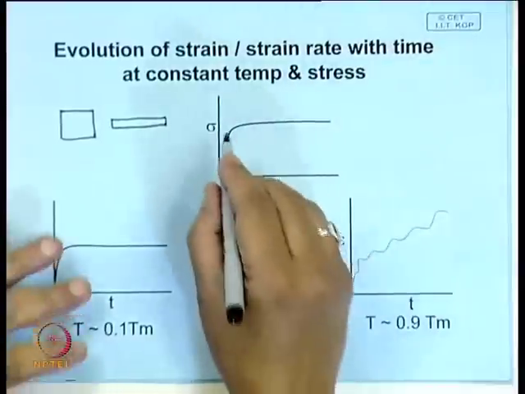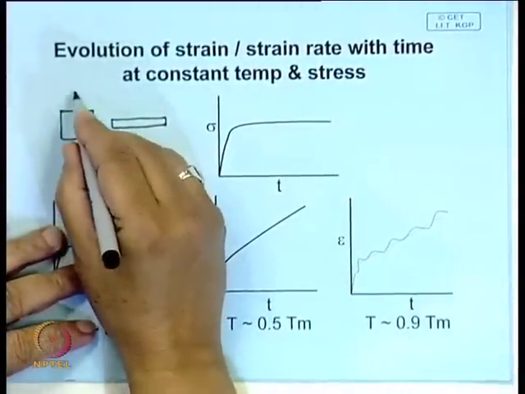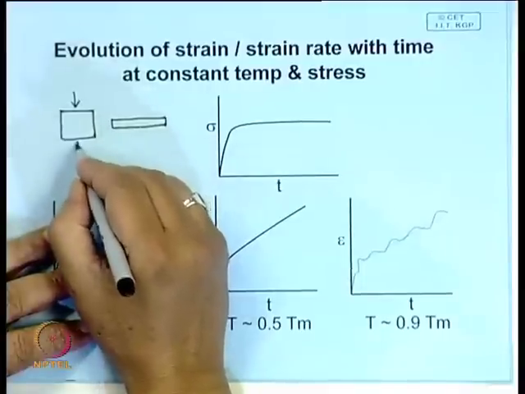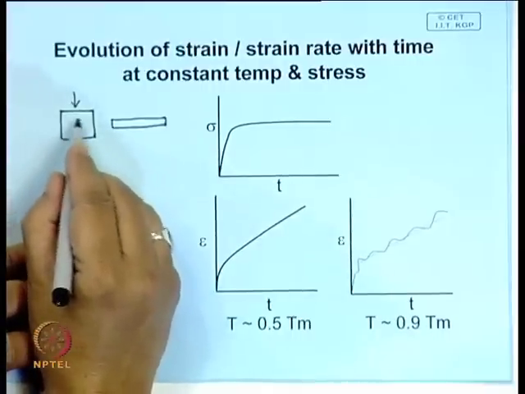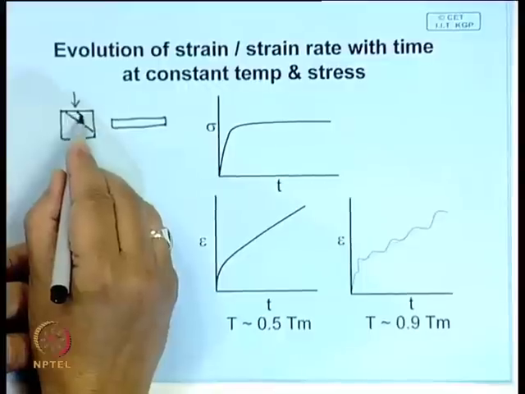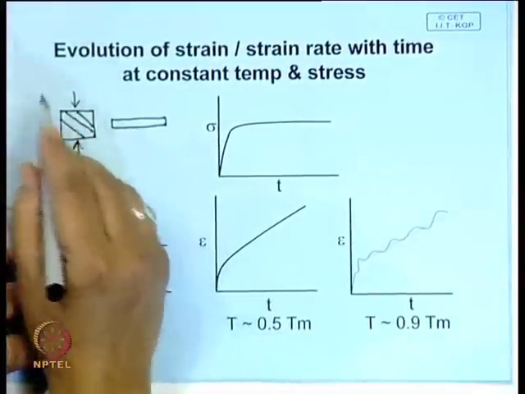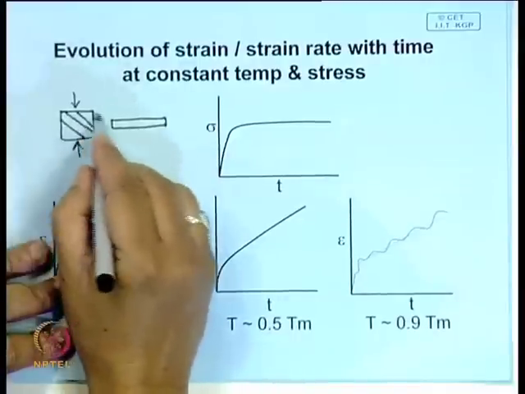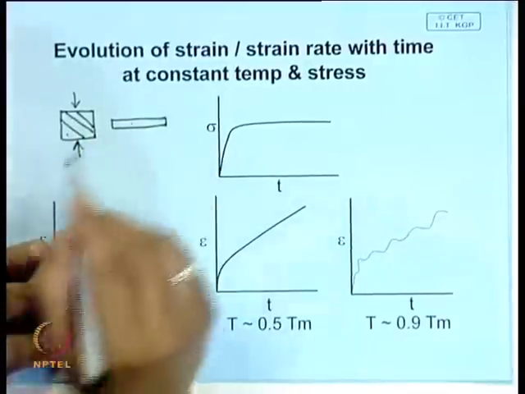We can visualize, suppose we are doing this processing by applying stress to the material, and we know that major deformation takes place through slip, and sometimes twinning also plays an important role. Let us say these are the slip planes, and through this process of slip, its shape changes from here to here.